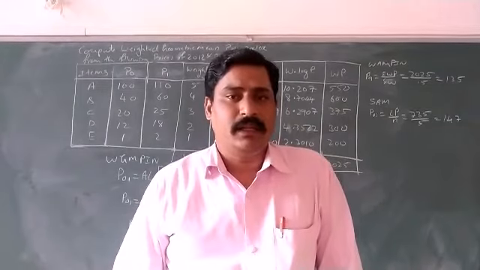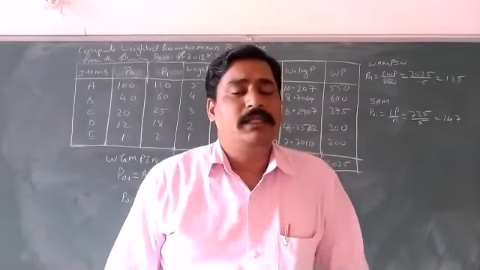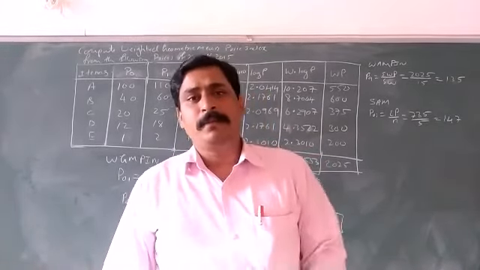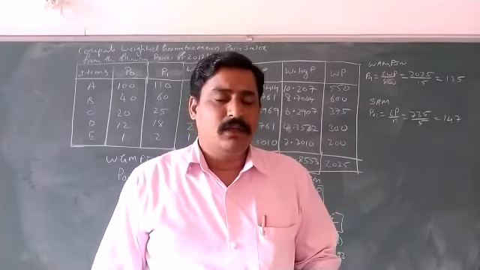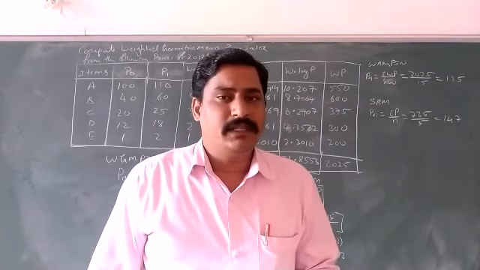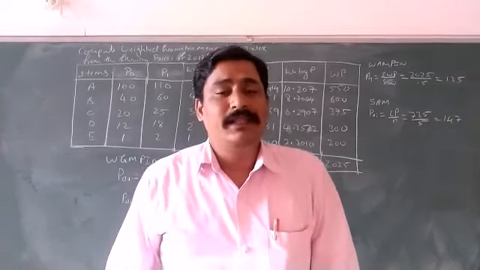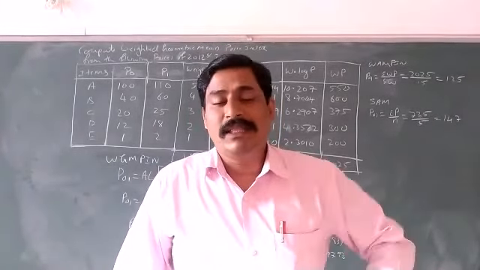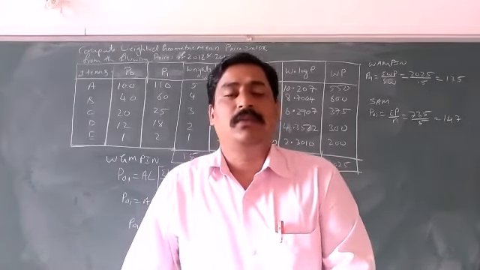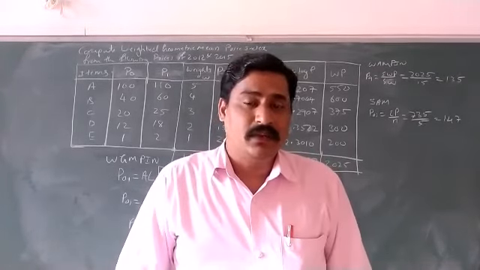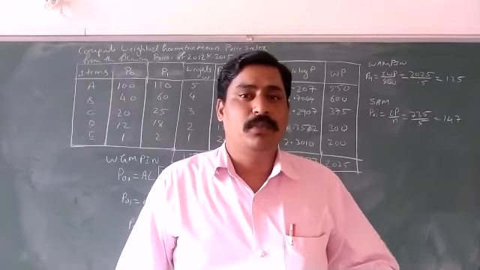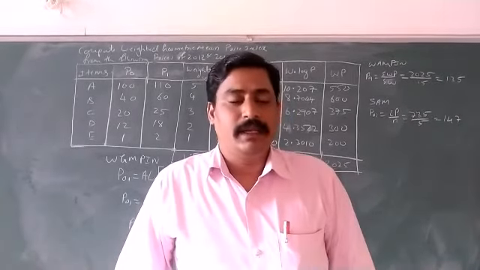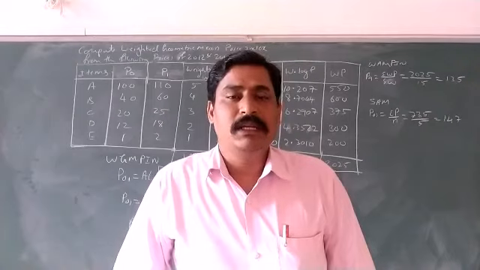Whereas in the weighted aggregative method, for price index number, quantities are weights, and for quantity index number, prices are weights. So let us find which mathematician has taken which quantities as weights, base year quantities or current year quantities, or both, or what. Let us discuss them in our next class.